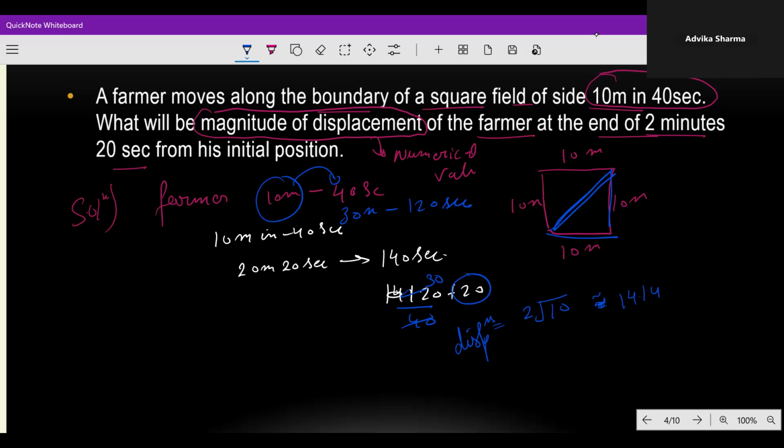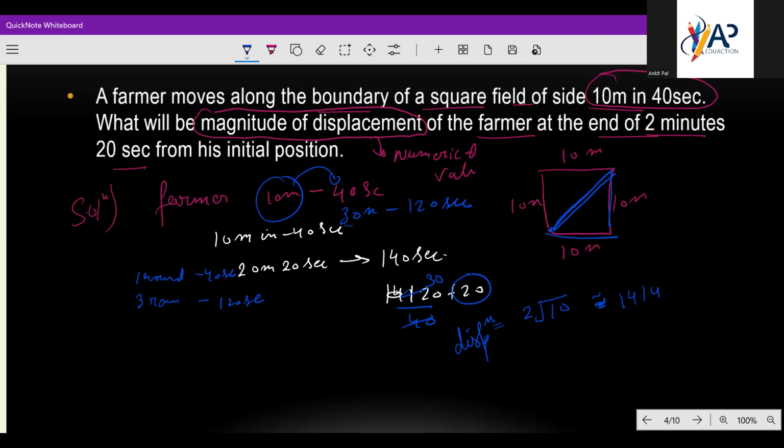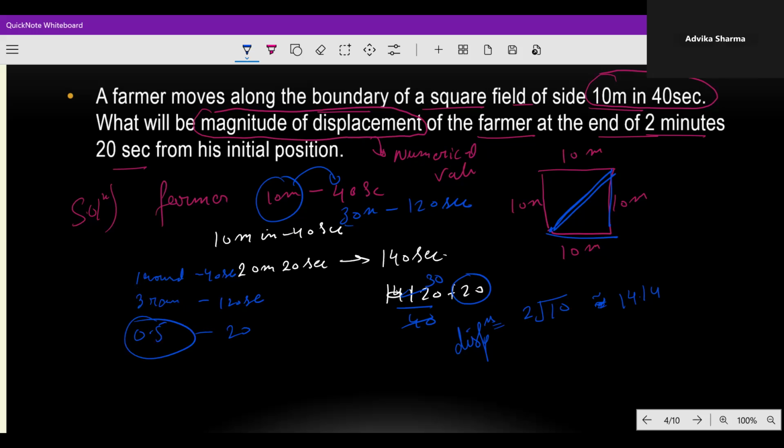Why did you use the Pythagoras theorem of the two sides, when you said it meant 30 meters? Because one round we cover in 40 seconds, 3 rounds we cover in 120 seconds, and in the remaining 20 seconds we cover only half a round.